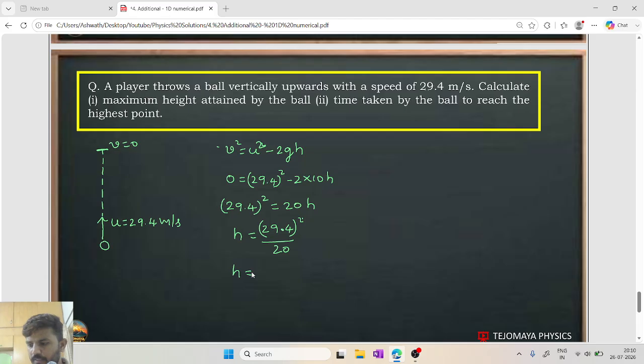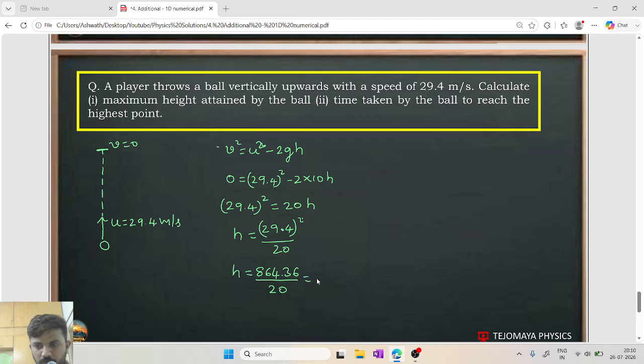let me calculate this. How much do I get? 29.4 into 29.4 is 864.36 divided by 20.